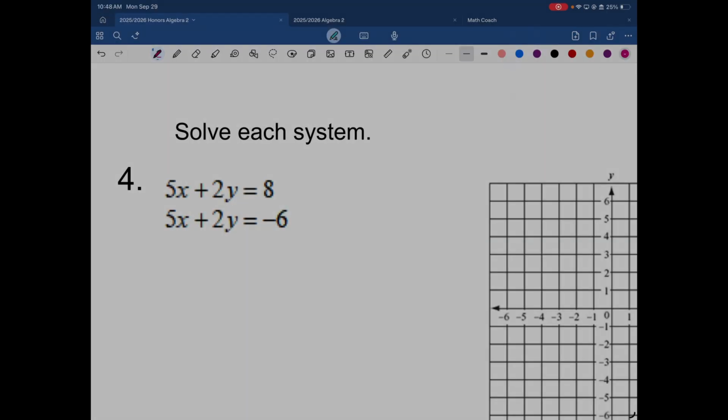See if you can find the solution to that system of equations. Solve for y first.